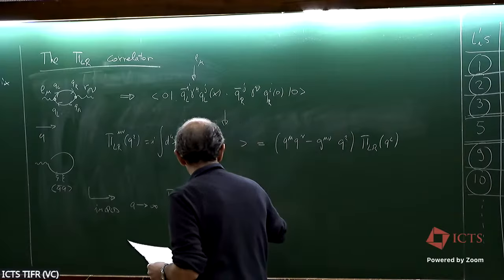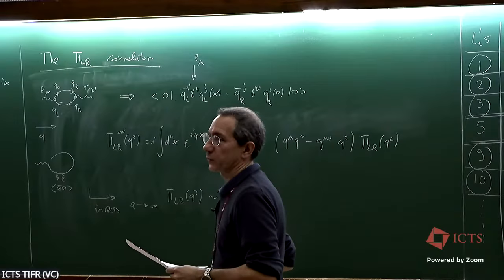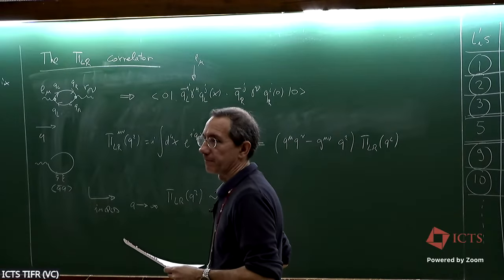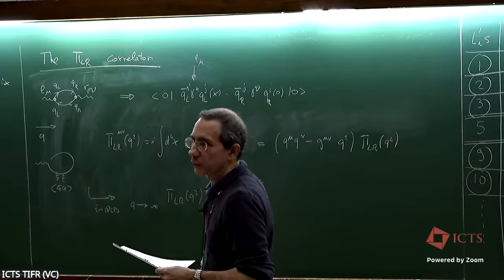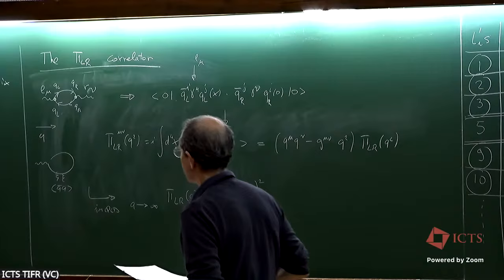So it's really suppressed at high Q squared, as usual, as all correlation functions tend to be suppressed. There's a nice perturbative theory, QCD, okay?